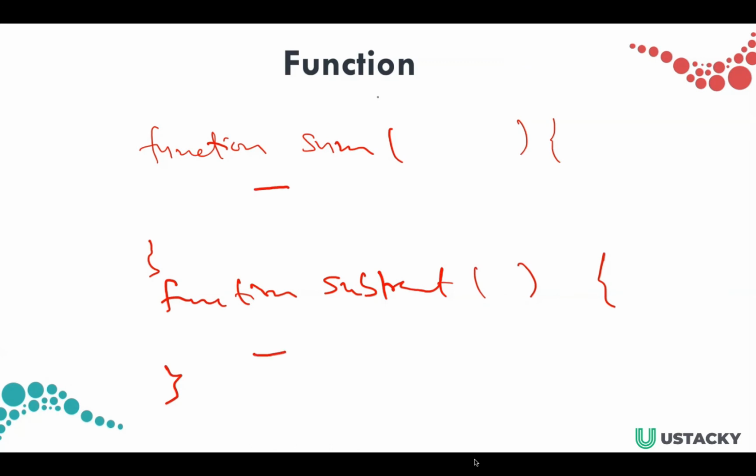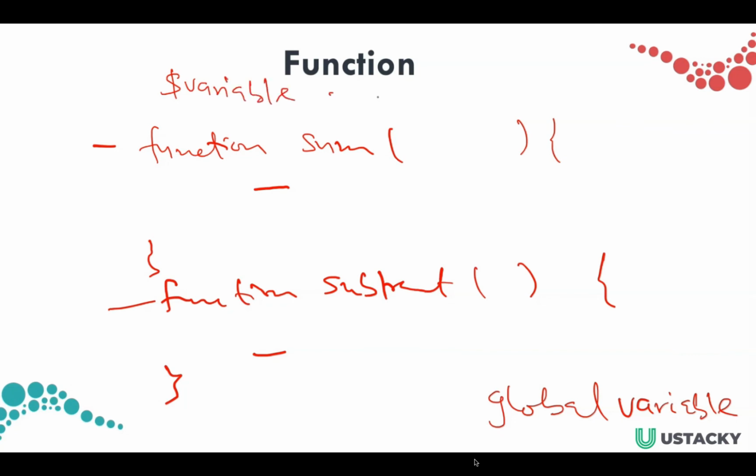In that case, you define what is called a global variable. That is, you have to define a variable outside these two functions. So you can have something like this, a variable equals to some values. So in this case, you can make reference to the variable here and also here.